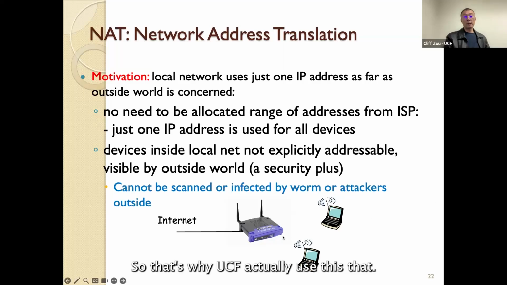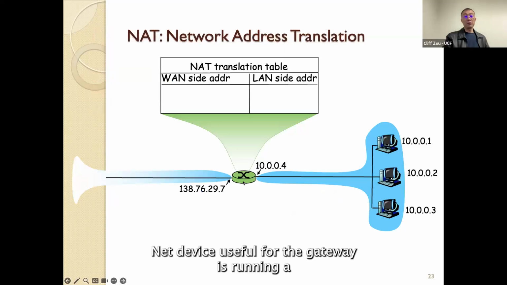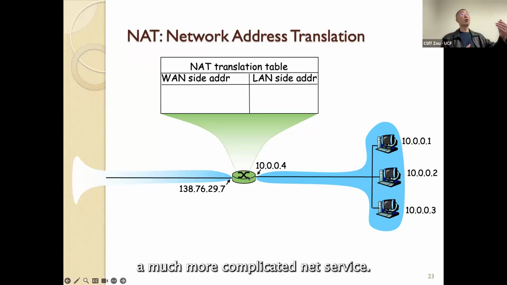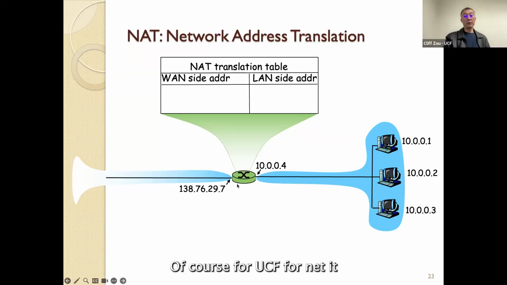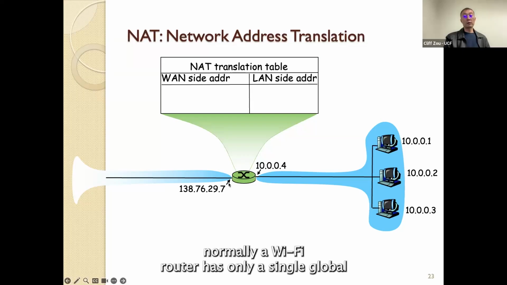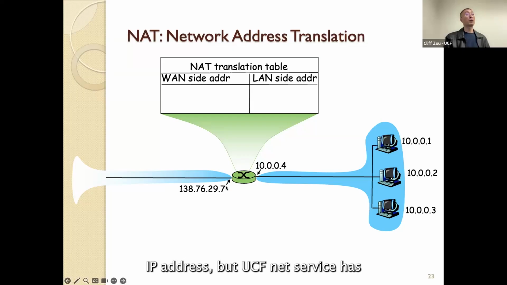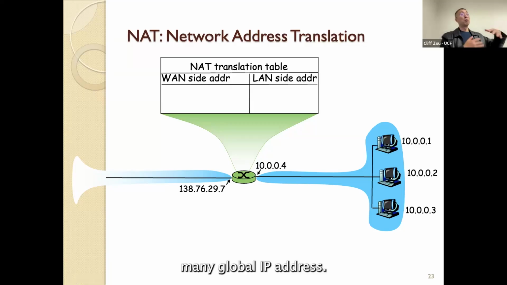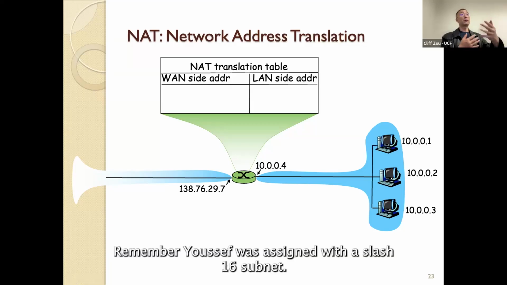So that's why UCF actually uses this NAT device. The UCF border gateway is running a much more complicated NAT service. Of course, for UCF NAT, normally a Wi-Fi router has only a single global IP address, but the UCF NAT service has many global IP addresses. Remember, UCF was assigned the /16 subnet.